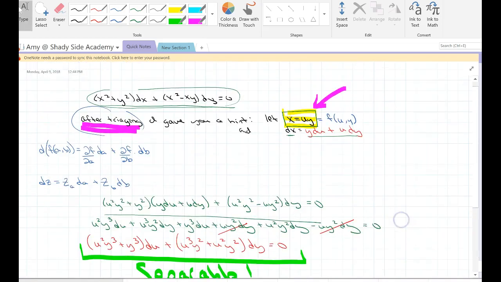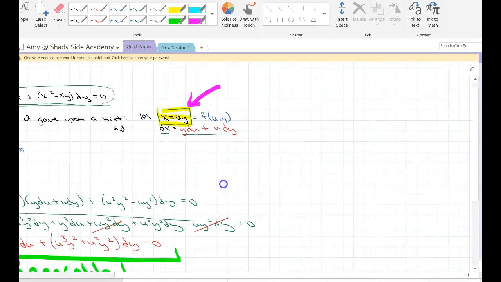The question you naturally have is, does this substitution x equals uy method work for all differential equations such that after triaging, it's not separable, it's non-exact, and when I think about what the integrating factor would be to make it exact, it's a vomitous mess. Your question really is, when does the x equals uy method work? I'm going to tell you when. This method, x equals uy, all right, let me go over here for a second.